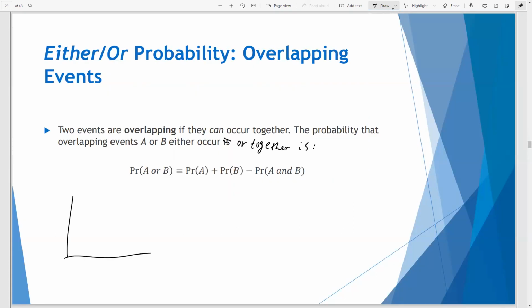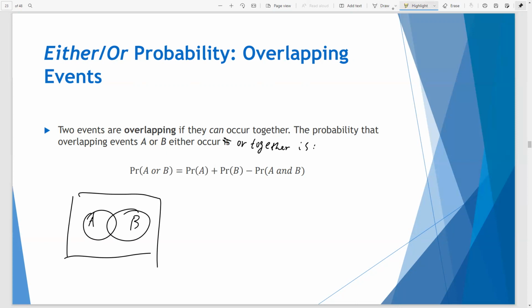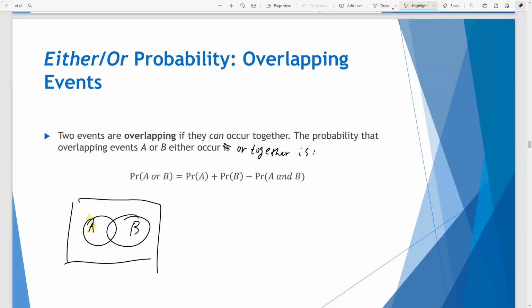So what happens is we have events A and B. When we have the probability of A occurring, that contains A and the middle intersection part.